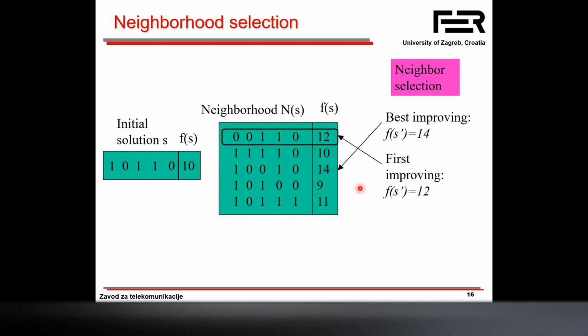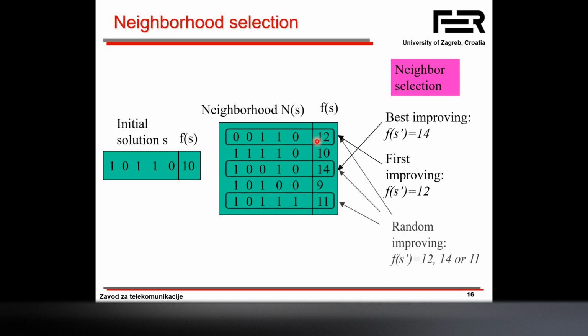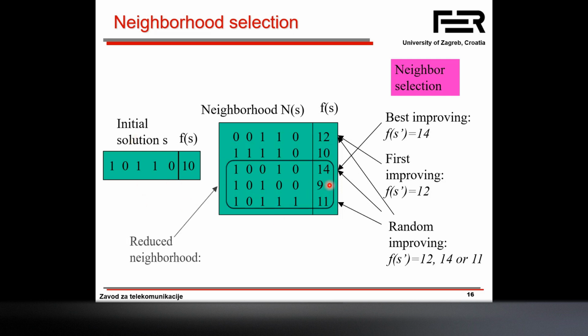If we were to look at a first improving approach and we generate neighbors as shown on this slide, from top to bottom, then as soon as we generated this first neighbor, we found it has a better fitness function, and we choose that as our new solution. If we were to look at this random improving approach, we have 3 neighbors which are better than our current solution. We randomly choose one of those.